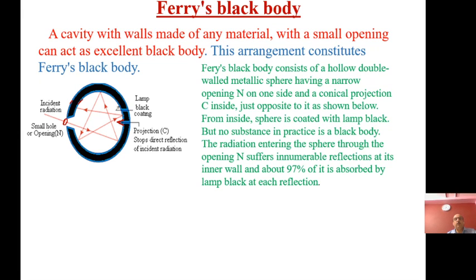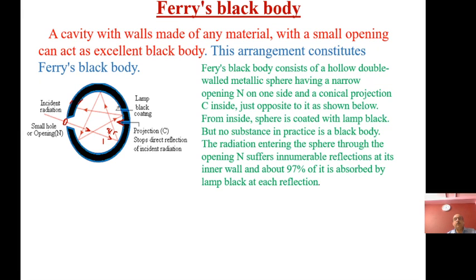This lamp black coating absorbs nearly 97% of the radiation. When radiation falls through this hole, 97% will be absorbed by the lamp black coating and only 3% will be reflected.